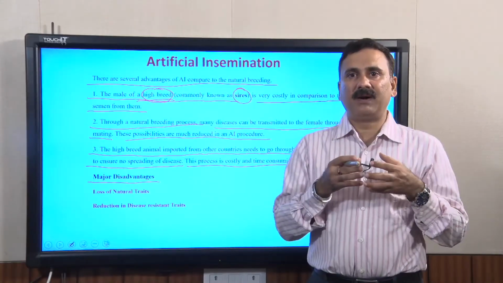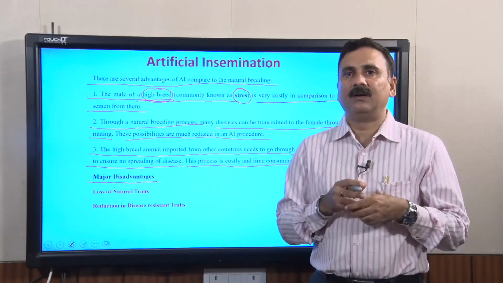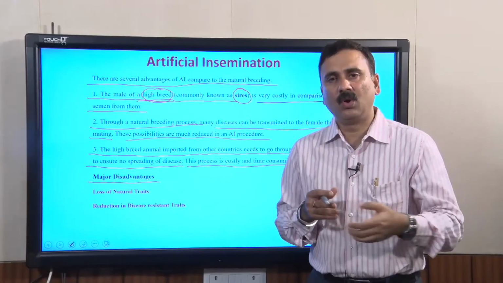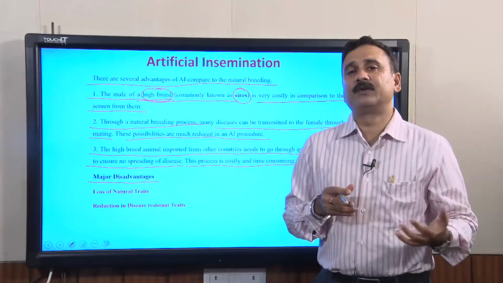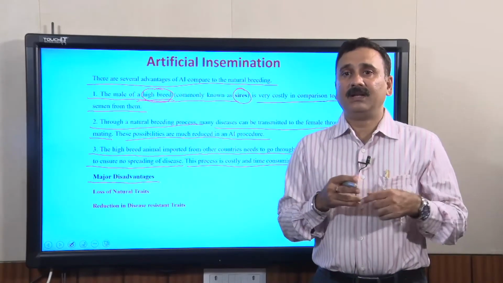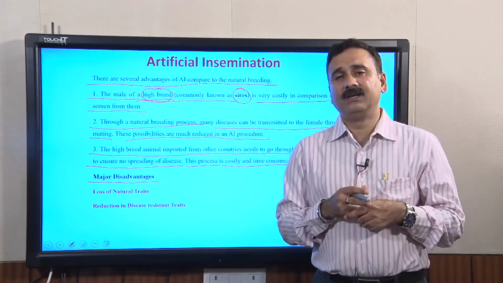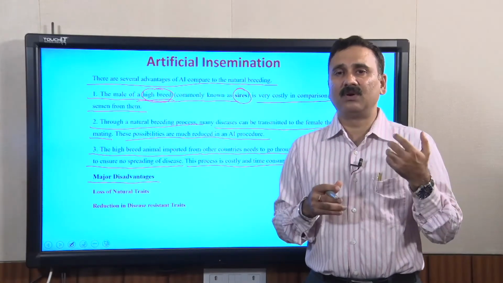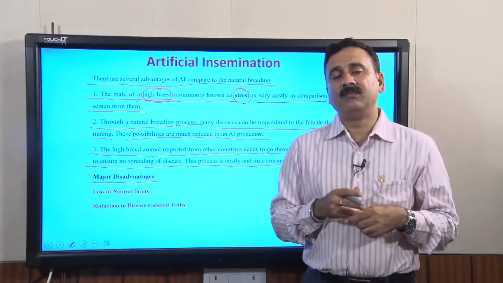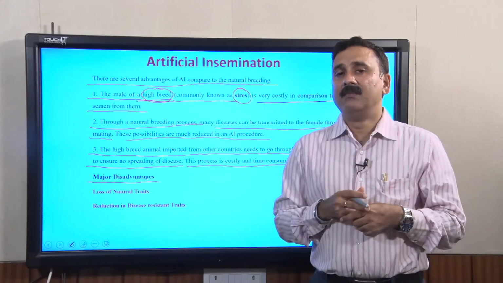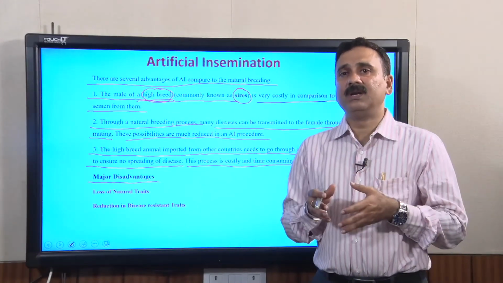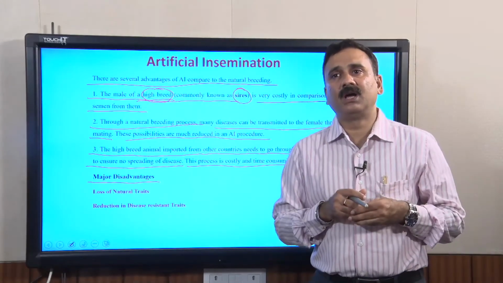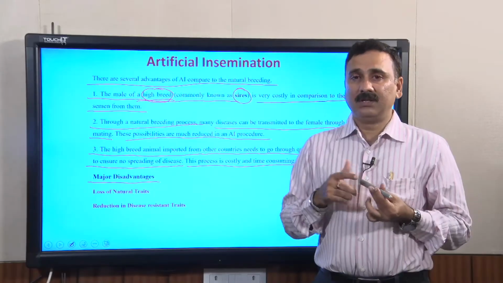For example, if you go with any kind of breed which comes from Australia or America or Europe, they have never been exposed to these diseases. So, they are good in terms of milk production, they may be good in terms of their power, they may be good in many other traits, but they may not be very good at sustaining the infectious organisms they will encounter in this environment.